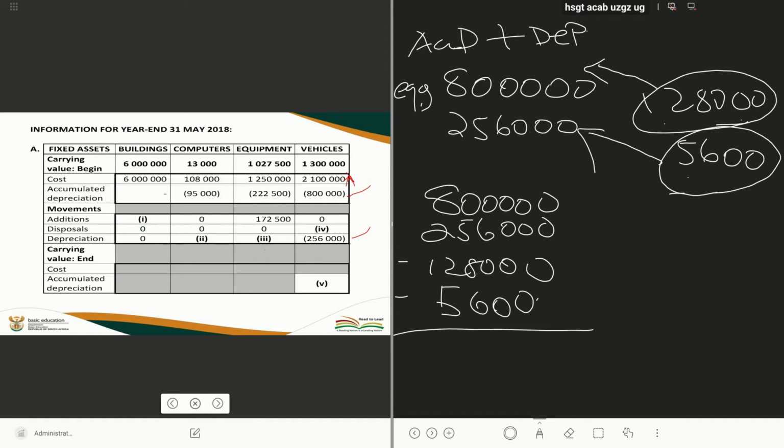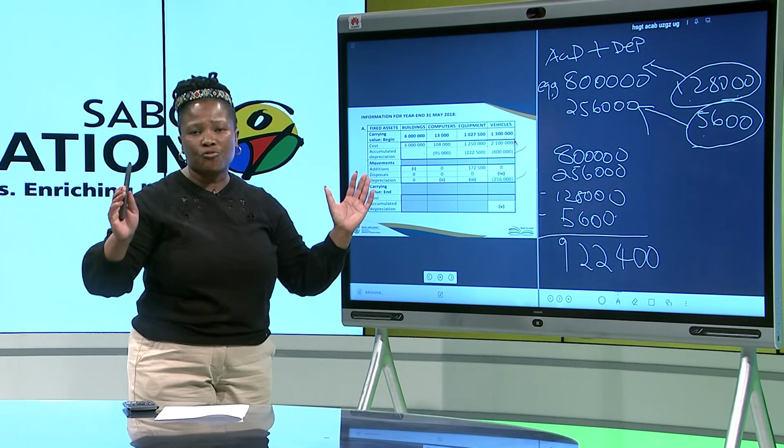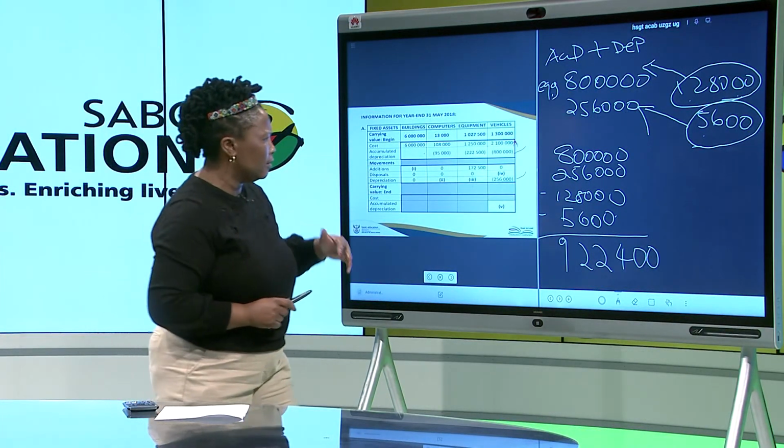And then our total depreciation is going to be 922,400 rands. These digits are too many. It's 922,400 rands.